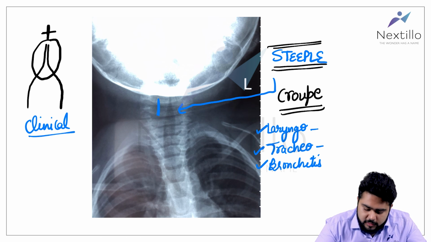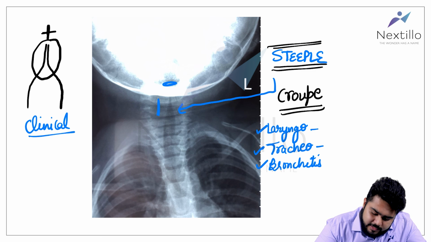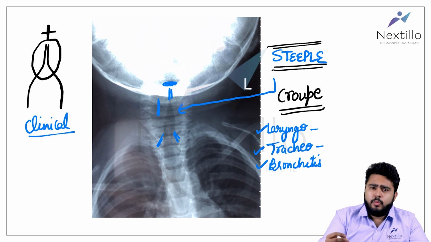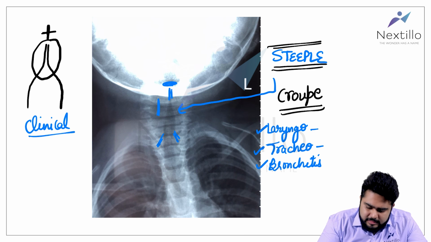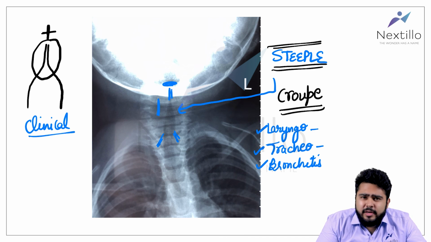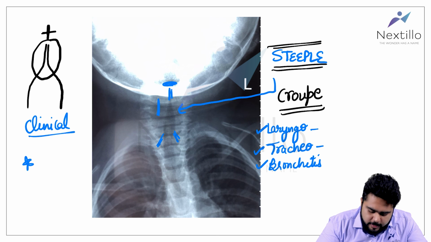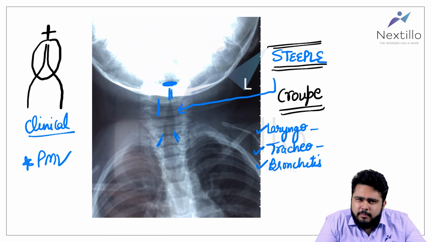Because this is involving all three. There's inflammation of the larynx, then the trachea, and going till the bronchus. Now this is usually caused by paramyxovirus. So that can also be a part of the question. Okay. So this is also one of the images which is given frequently in the exams.